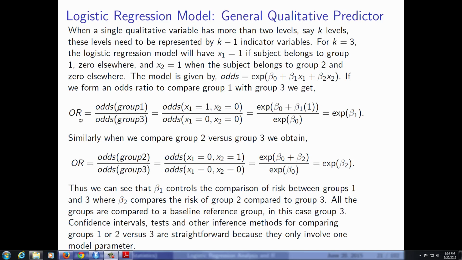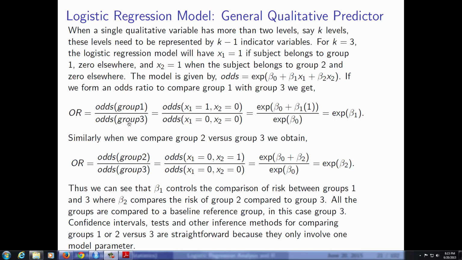So if you wanted to compare the odds of somebody having the event in group 1 compared to group 3, you specify your odds function, e to the beta naught plus beta 1 times 1, because they're in group 1, and then plus beta 2 times 0, because if someone is in group 1 in the numerator, they can't be in group 2, so the indicator x2 for group 2 would be 0, and so this would be your numerator.